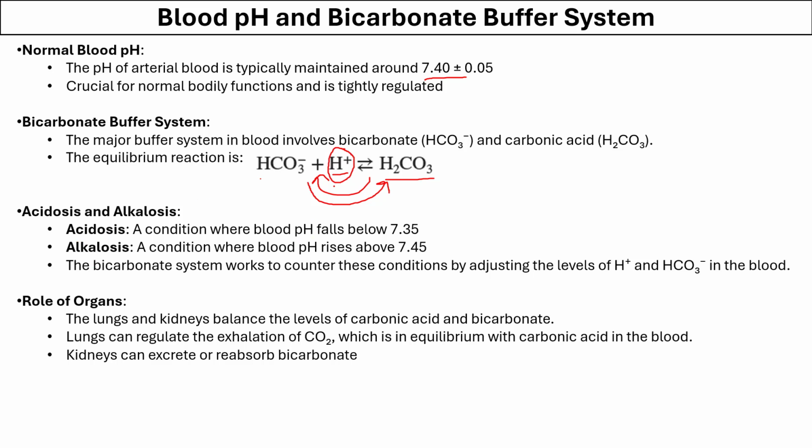If there is a lot of H positive ion, that means the pH falls, then the blood has more acid in it, and the situation is called acidosis. And the reverse situation, where you have a higher pH, is called alkalosis.